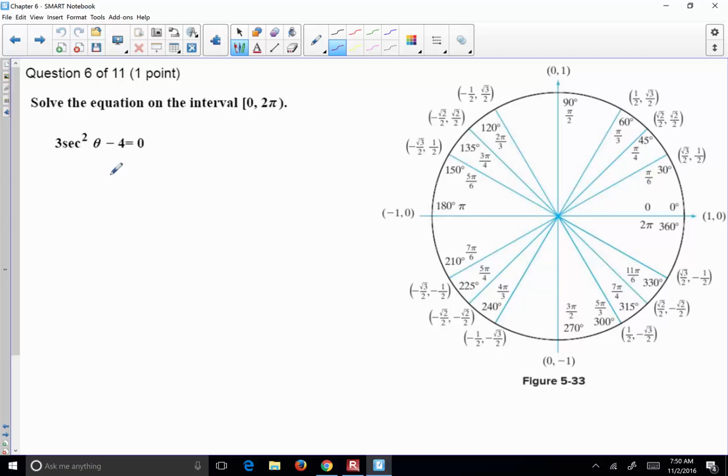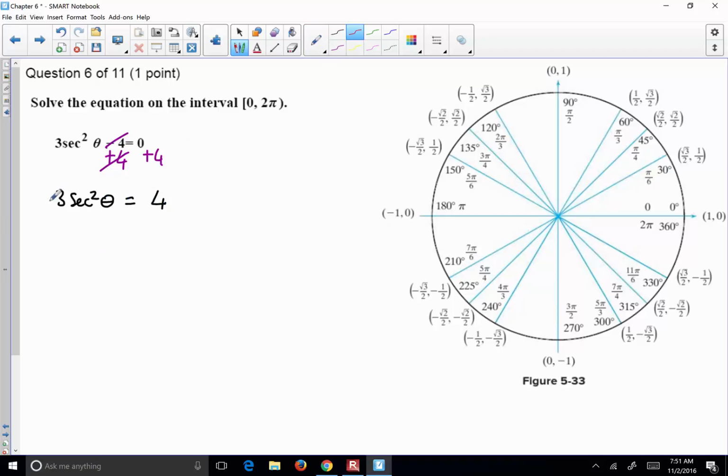Get secant alone. Right, add 4 and get rid of minus 4, and divide by 3, get rid of that coefficient 3. So I'm first adding 4, cancel out. We get 3 secant squared theta equals 4.